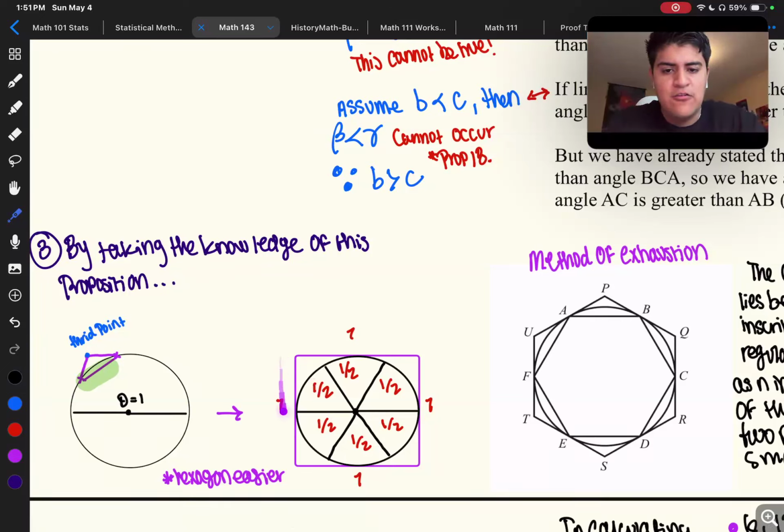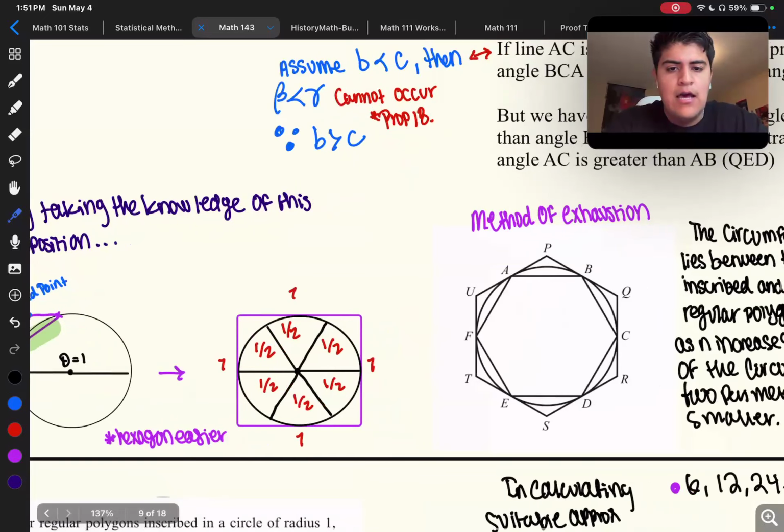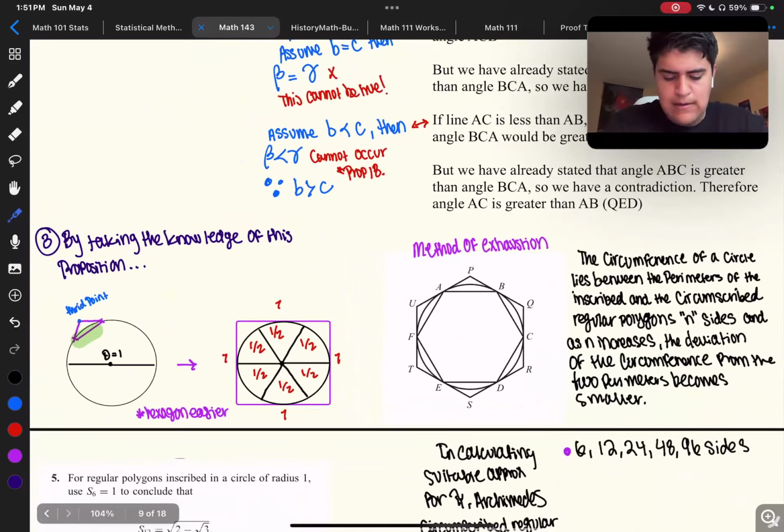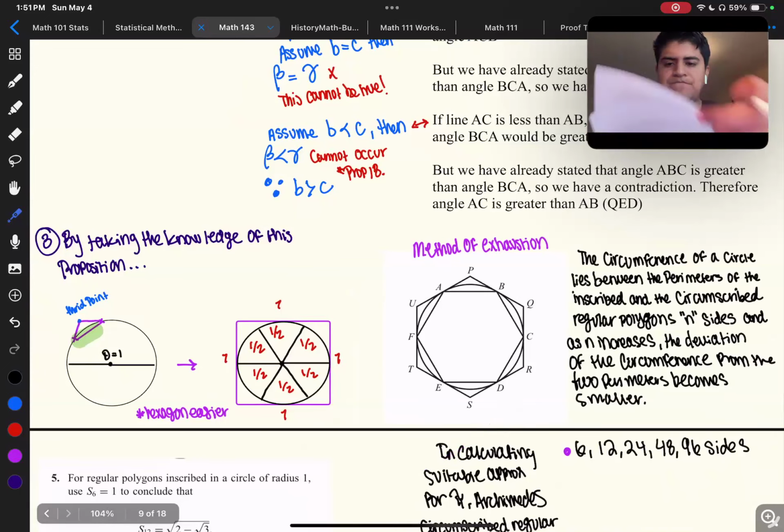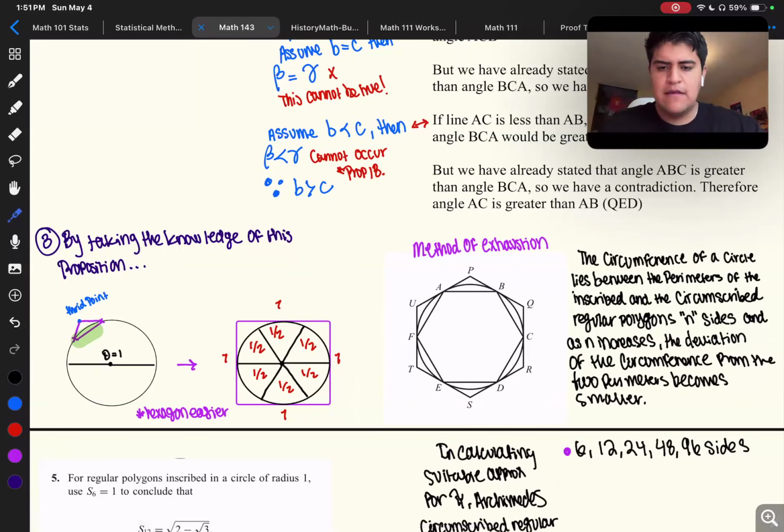Let's say we have this square where each side is 1, and the areas of these are 1/2. The circle itself has a slightly larger distance between the two points, as I mentioned before.